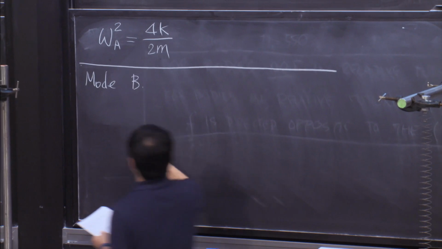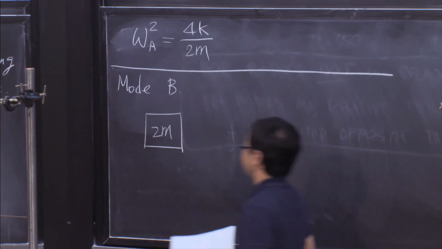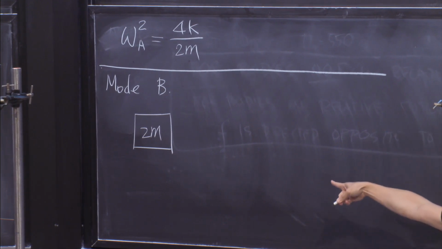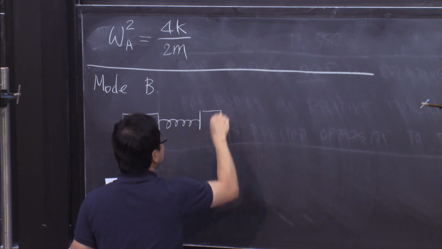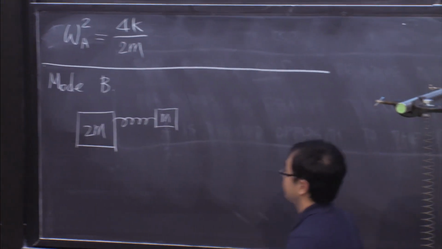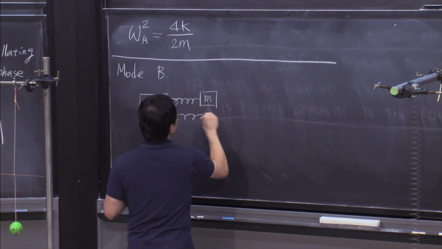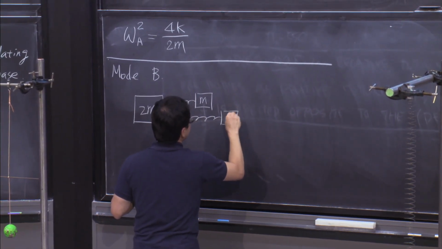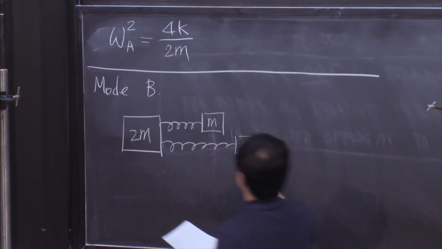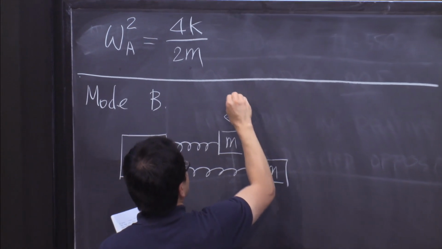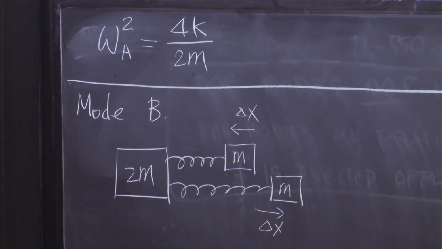What is going to happen is that the left-hand side mass is not moving, right? You compress the upper one slightly, and you stretch the lower little mass in the opposite direction. The displacement is delta x, and the displacement of the second mass is delta x.